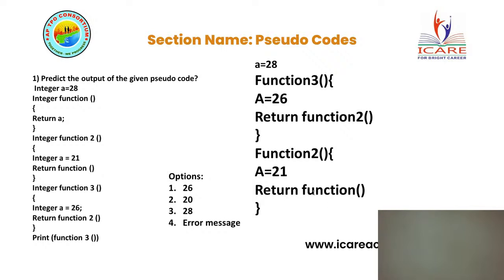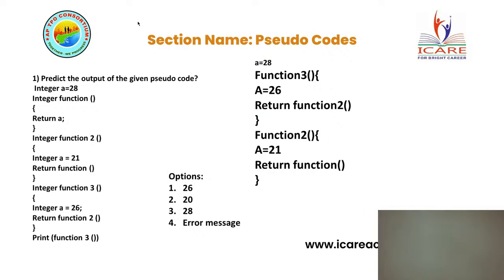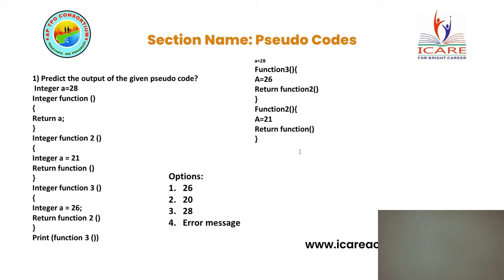So whenever we are calling the return function, again we are calling the same function name. Now we are in the function. Within the function there is a statement just return a.